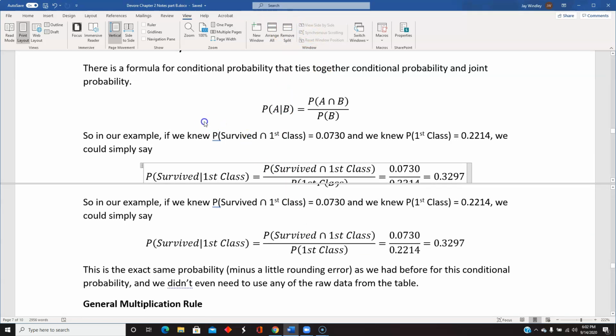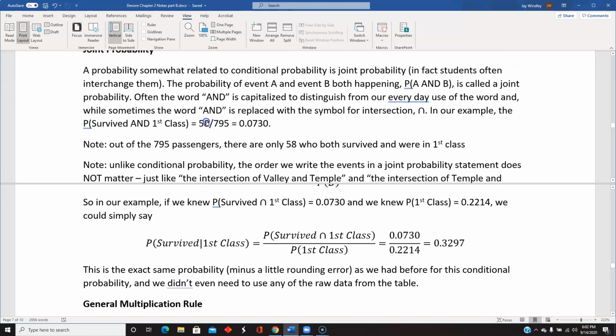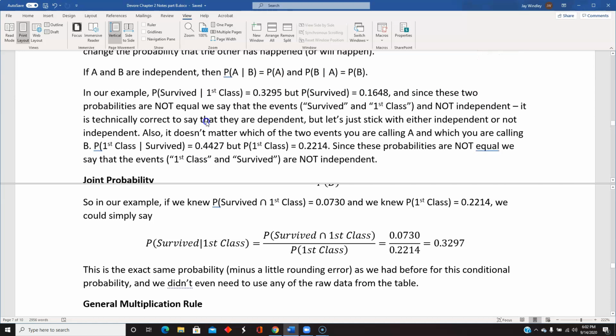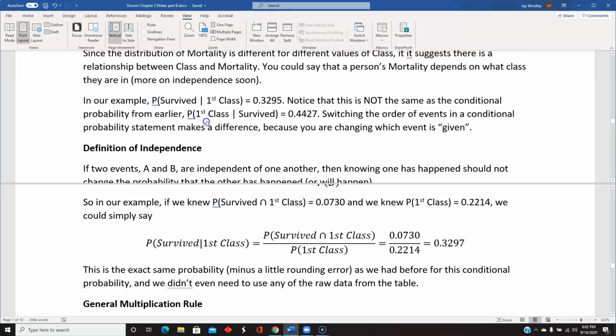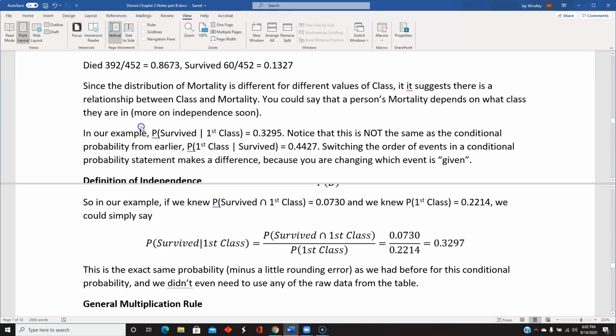You get 0.3297. And if I scroll up just a little bit, you will see that we had previously figured out the probability of survived given first class is 0.3295.